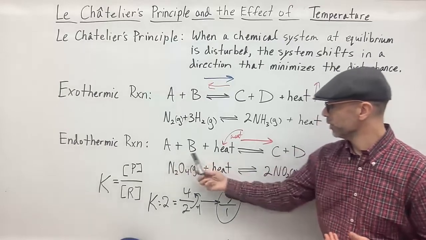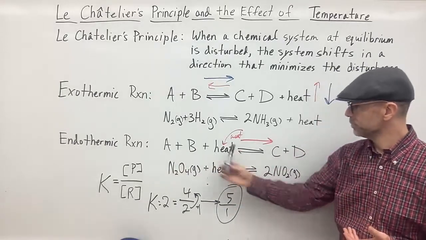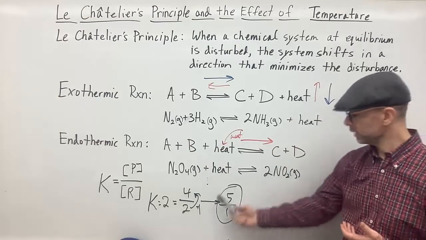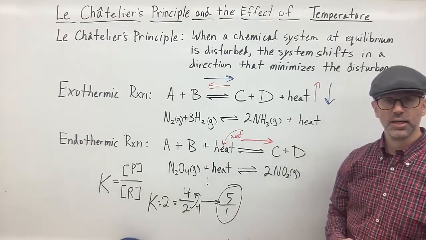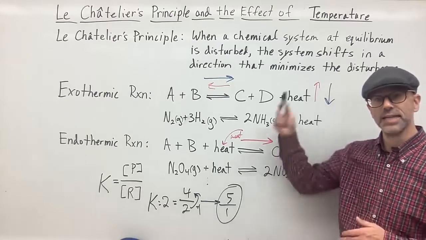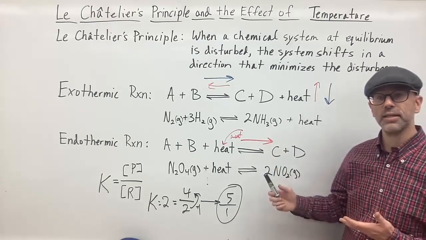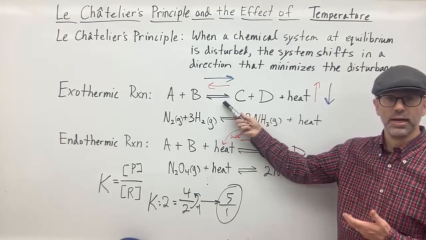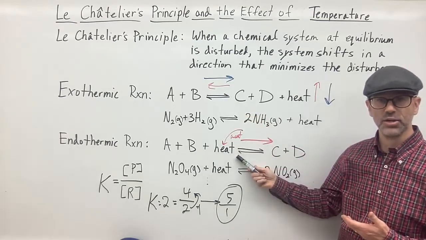For an endothermic reaction, raising the temperature caused it to go towards the products and therefore increased the equilibrium constant. So increasing the temperature has the opposite effect on an exothermic reaction as it does on an endothermic.